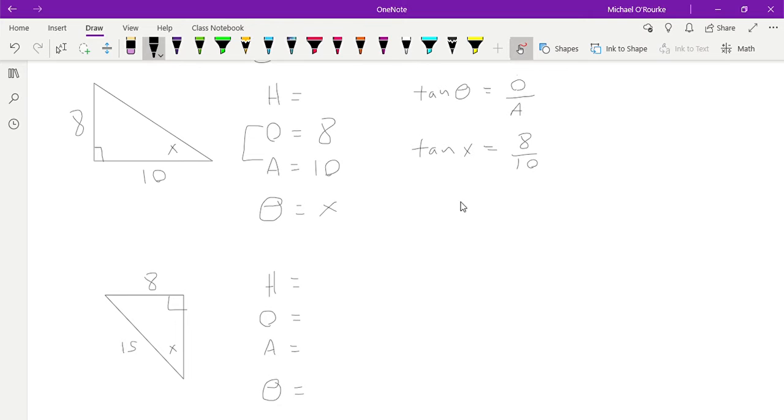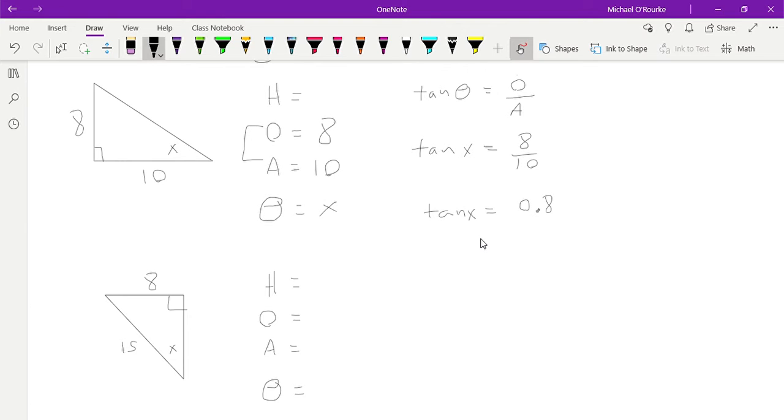Right? So what does 8 over 10 equal? What's 8 divided by 10 on your calculators? 0.8.